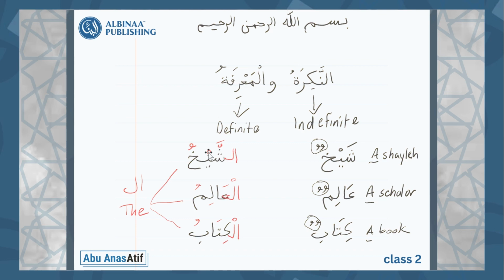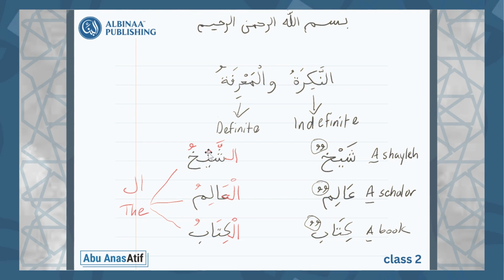Now, there are different types of definite nouns. It's not only limited to words that have alif and lam, like we showed in this example here. But we're not going to go into the details of the various types of definite nouns. Another definite noun would be the name of a person, for example Muhammad or Khalid or Aisha or Ruqayya.